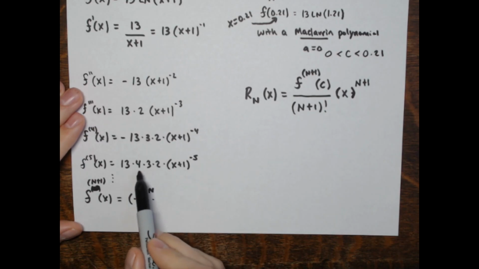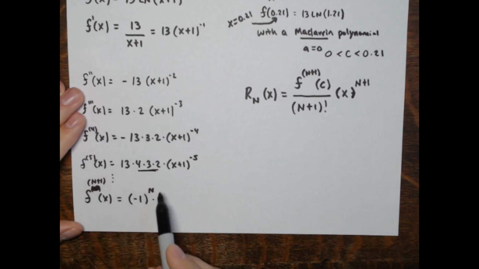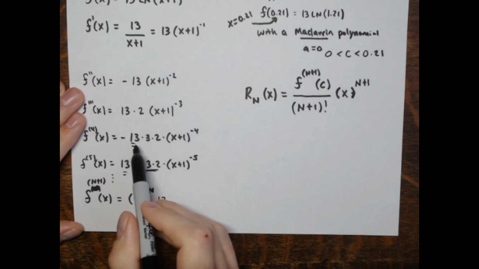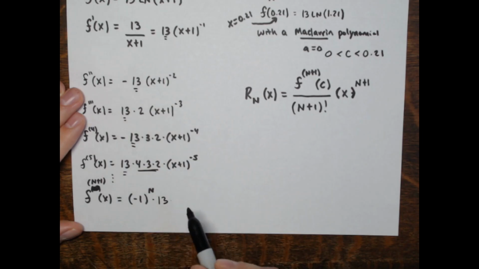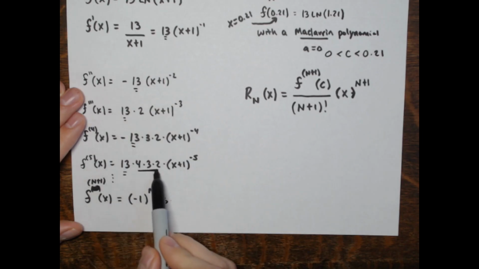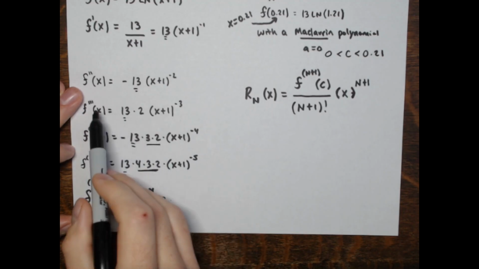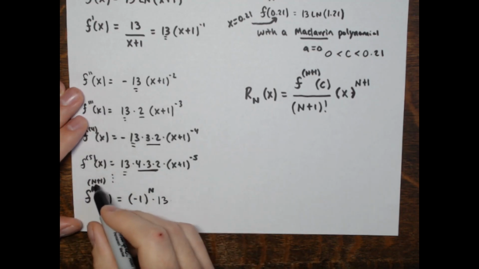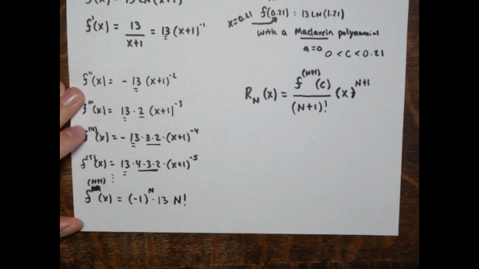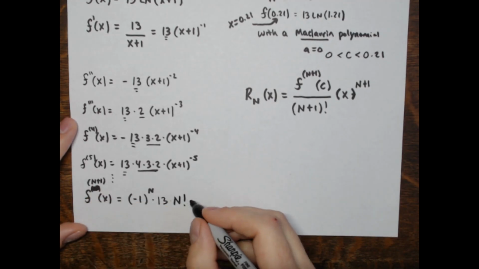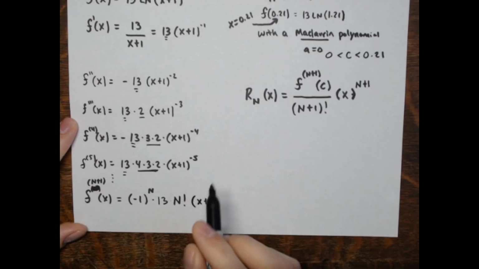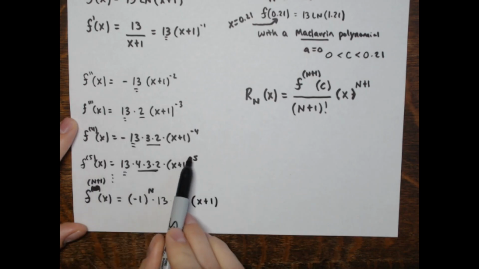Times, and then look at the factorials. Now the 13 is in all of them first off. 13's in all of them. And then times, the fifth derivative had 4 factorial, fourth derivative had 3 factorial, third derivative had 2 factorial, so it's 1 less factorial, so capital N factorial. So 1 less than the derivative factorial, and then times x plus 1 to a power that's just the opposite of the derivative here.